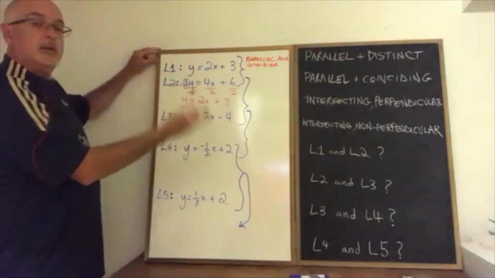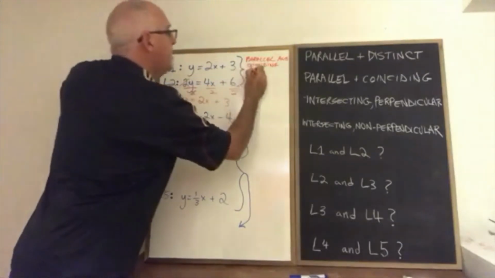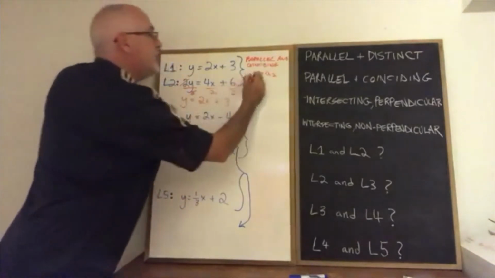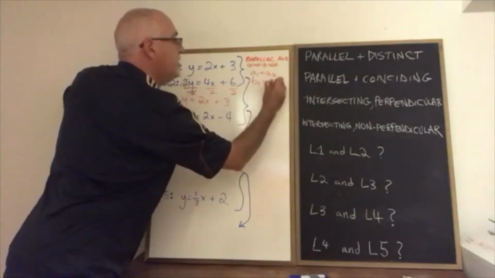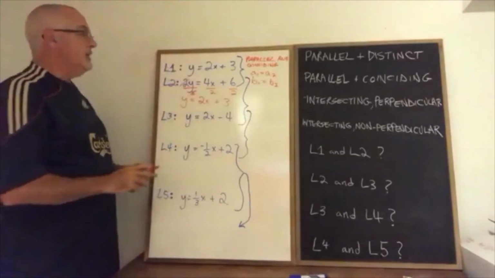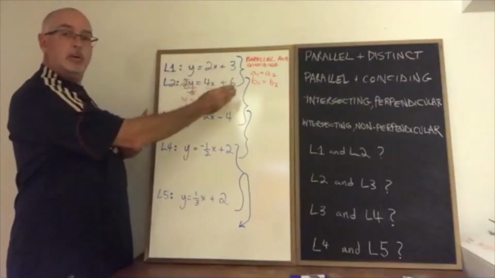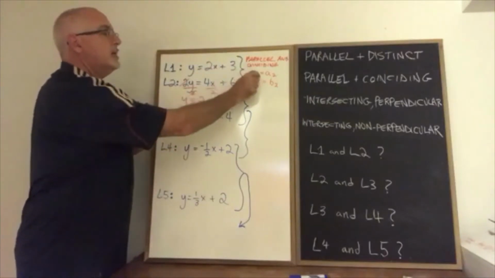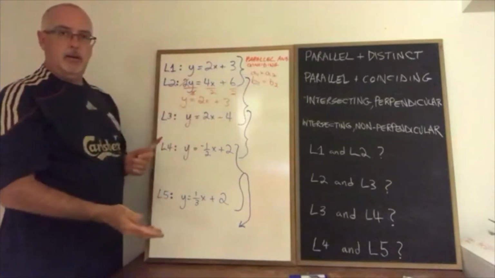But I also want to justify that. And I'm going to say A1 equals A2 and B1 equals B2. Here again, we have the usefulness of expressing the lines in y equals ax plus b form. A is the slope. Both of them have a slope of 2. The slopes are equal. That means they're parallel.